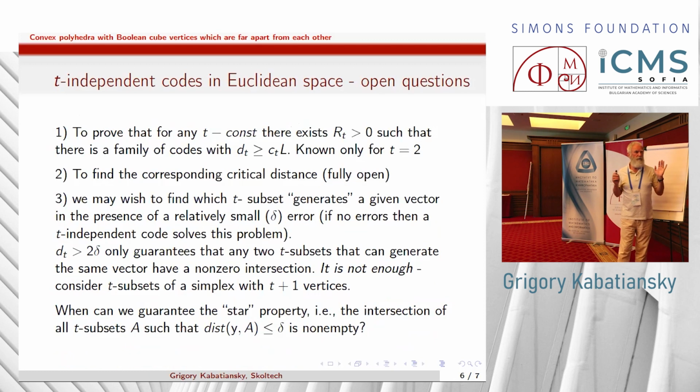First of all, I do hope that it's true that for any fixed t and n going to infinity, we may enjoy construction of such codes that the corresponding convex hulls are always separated by a distance proportional to the length of our vectors.